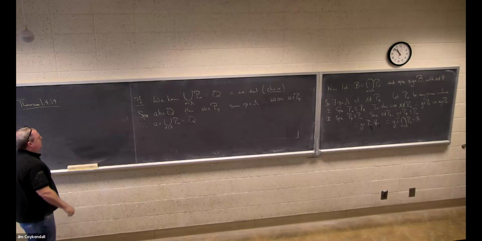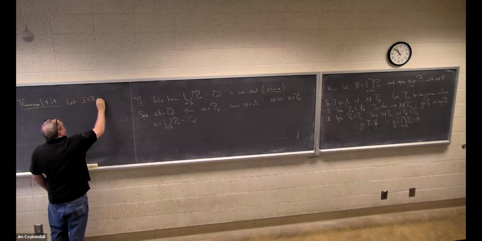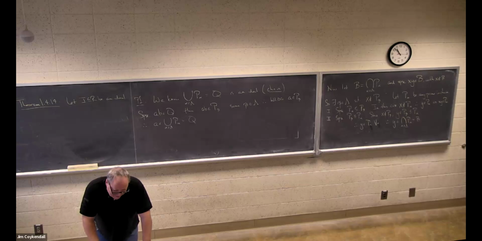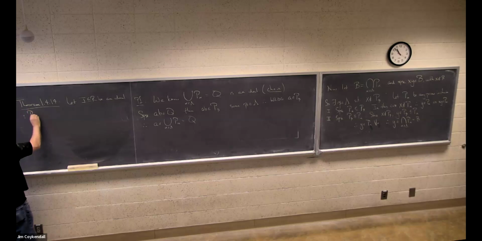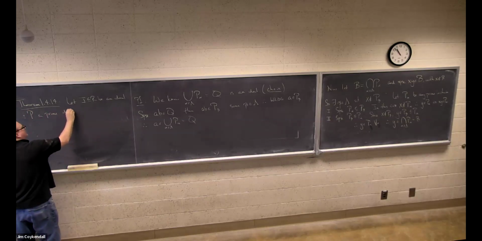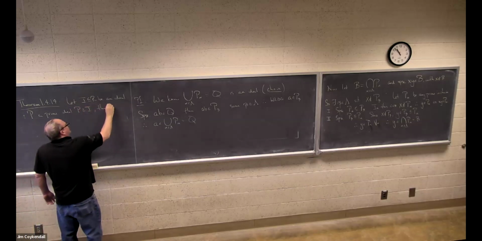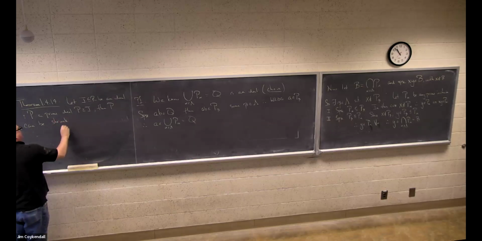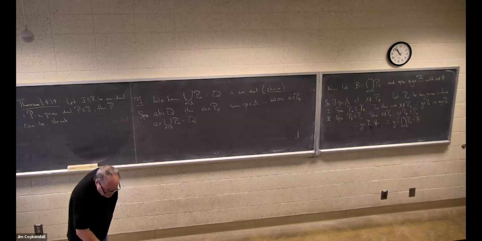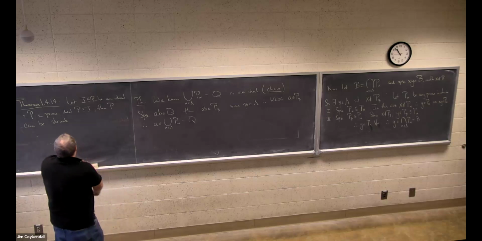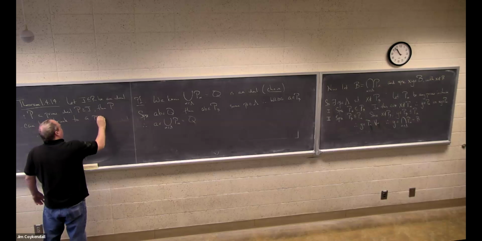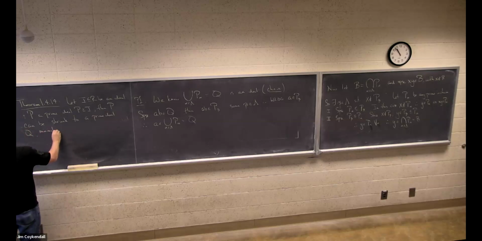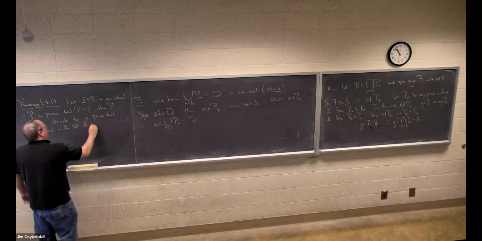Let I be an ideal in R, and P a prime ideal containing I. Then P can be shrunk, I'll make that more precise, to a prime ideal minimal among all prime ideals containing I. All primes containing I.